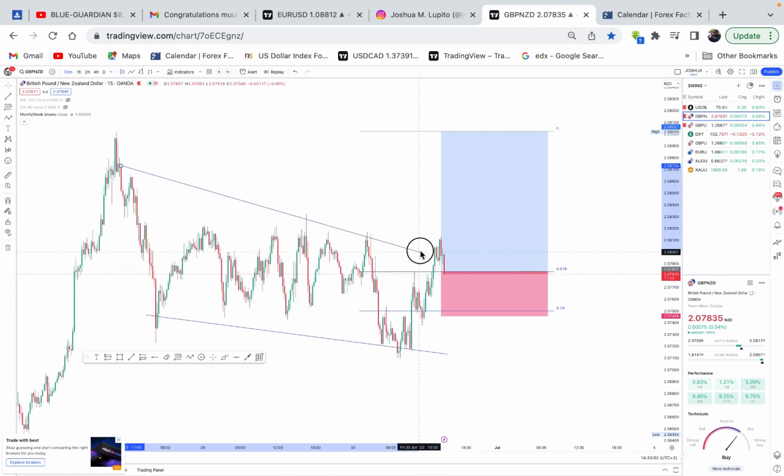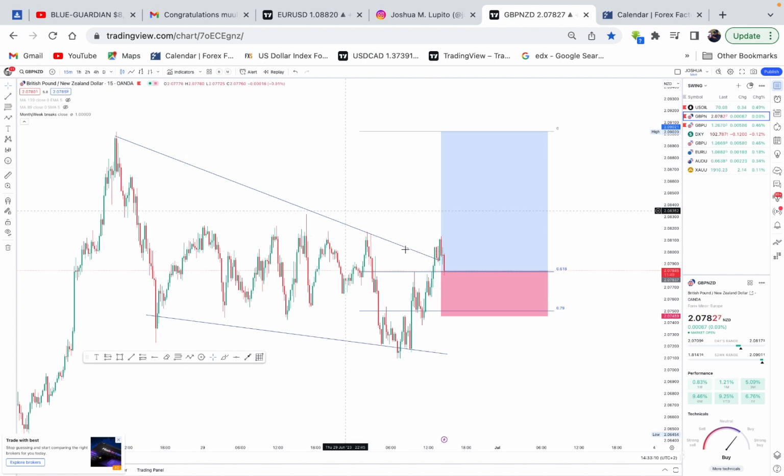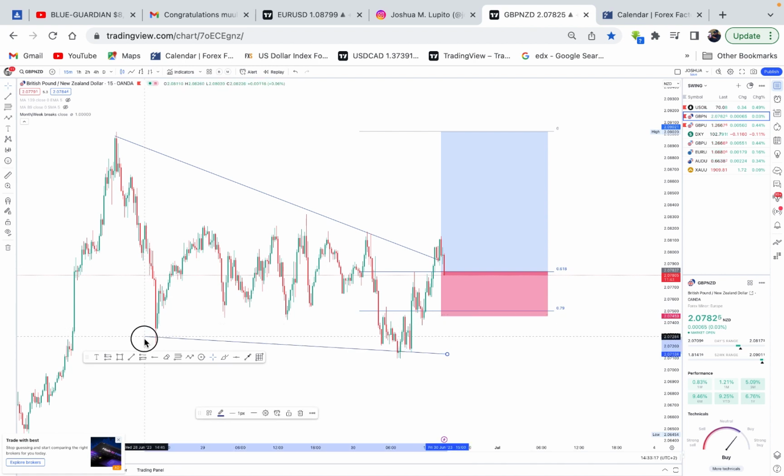So we have break of structure at this point. The market has broke above this resisting trend line, and the market was bouncing on our supporting trend line here.